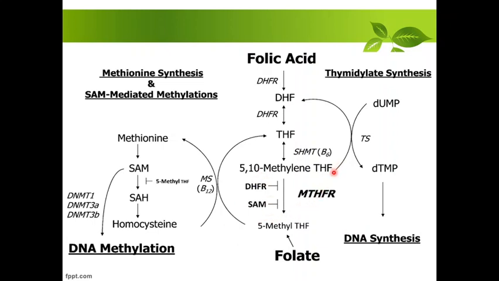You just follow my pointer or whatever I am teaching you. 5,10 methylene tetrahydrofolate. It is converted to dihydrofolate, right? Dihydrofolate is also formed from the folic acid, and this then combines with the deoxyuridine monophosphate, and after combining with this dihydrofolate, it converts to deoxythymidine monophosphate, and in this way the DNA synthesis takes place.